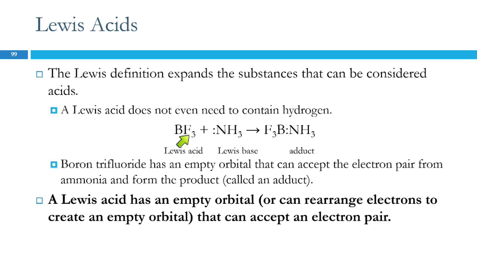Boron trifluoride, this is one of those guys that has an incomplete octet. And so it's got this empty orbital, and this lone pair can go into that empty orbital and form this guy, which is called an adduct. So Lewis acids are going to have an empty orbital, or they can move things around to make an empty orbital to accept the electron pair.